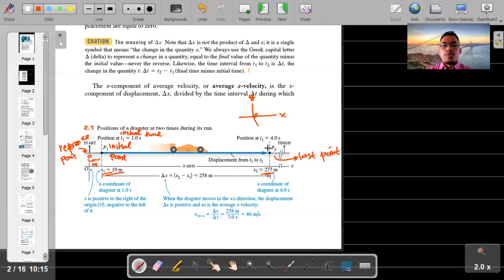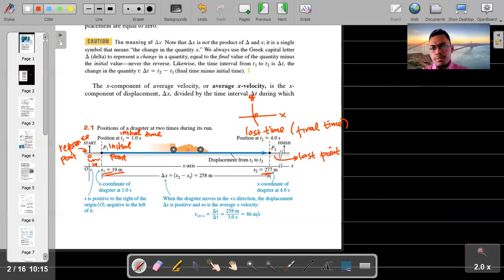And then when the car moves and reaches point P2, the recorded time shows 4 seconds. This is the last time, or some people say the final time.